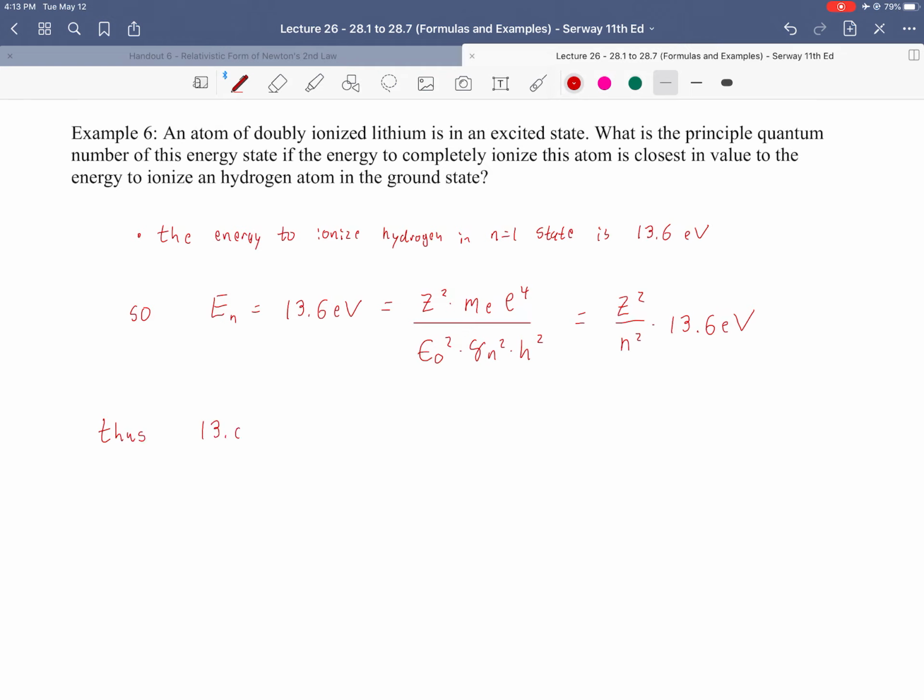So thus, we would have 13.6 electron volts equals Z squared over n squared times 13.6 electron volts. We're talking about lithium, so Z is what? 3.